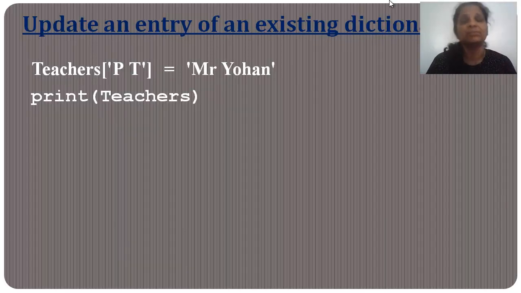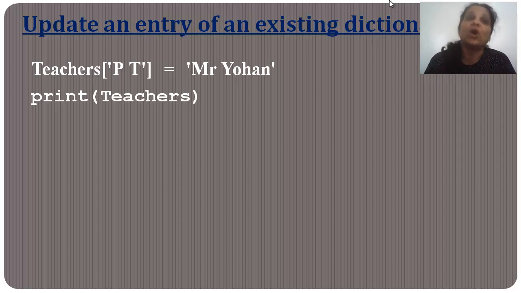How do you update something in a dictionary? It's quite similar to the adding line. If I write teachers PT is equal to Mr. Johan. In the previous example, we wrote PT is Mr. Sundar. So, if you give a value to an existing key, it doesn't work as an addition, it works as an updation. I repeat, previous example, PT did not exist. So, when you wrote teachers PT is equal to Mr. Sundar, that key and that value got created in the dictionary.